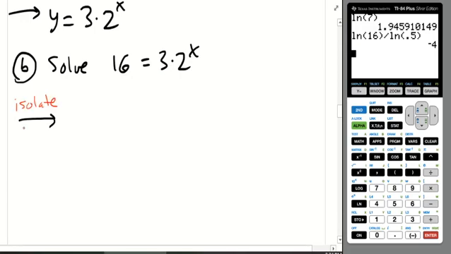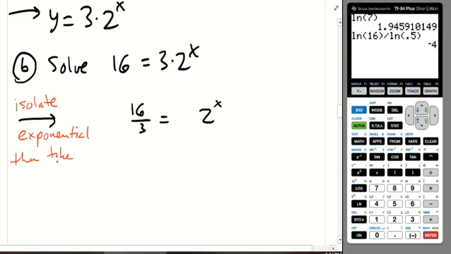So we're going to first isolate the exponential part. What that means is we need to get 2 to the x by itself. So I'm going to divide both sides by 3 to get 2 to the x by itself. And I'm going to leave some space because then I want to take logs of both sides to undo the exponential.